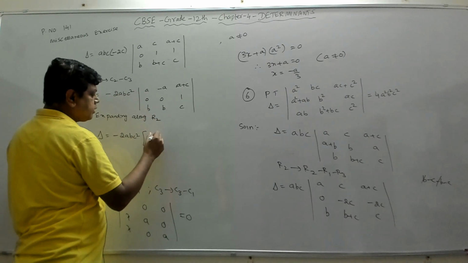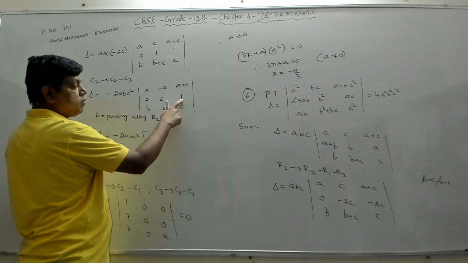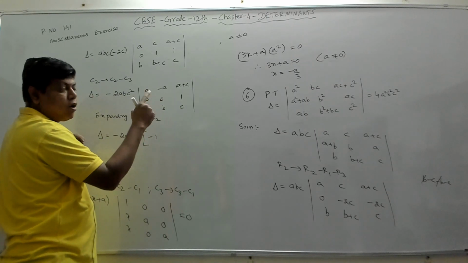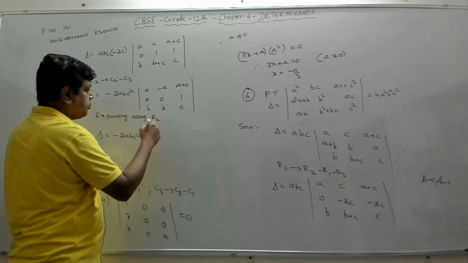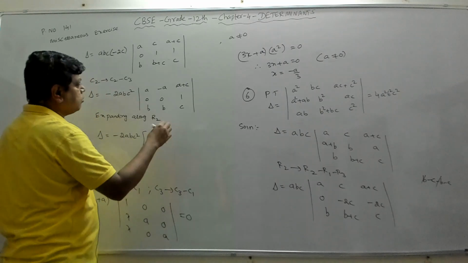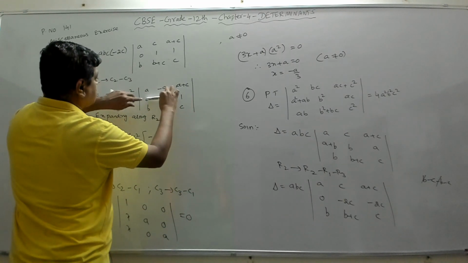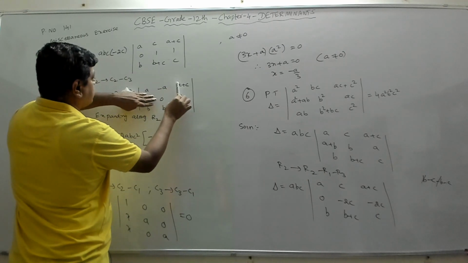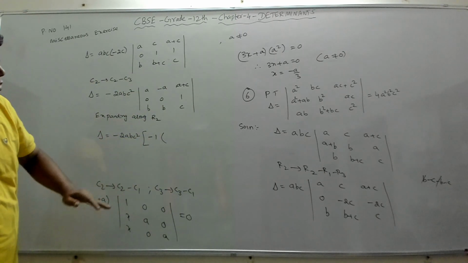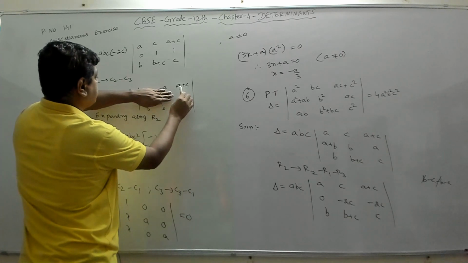So I should put minus 1 because the position of this is A23. 2 plus 3 is an odd number, means minus. I'm expanding along R2, minus 1 into. So we have to close this particular row and this particular column.